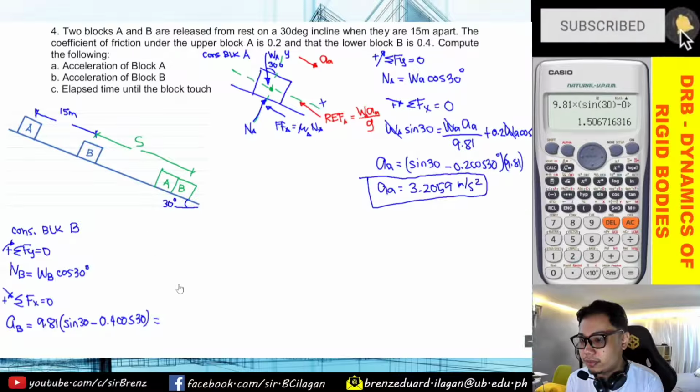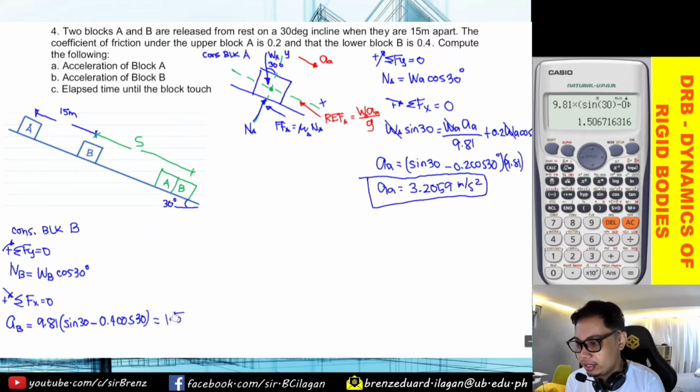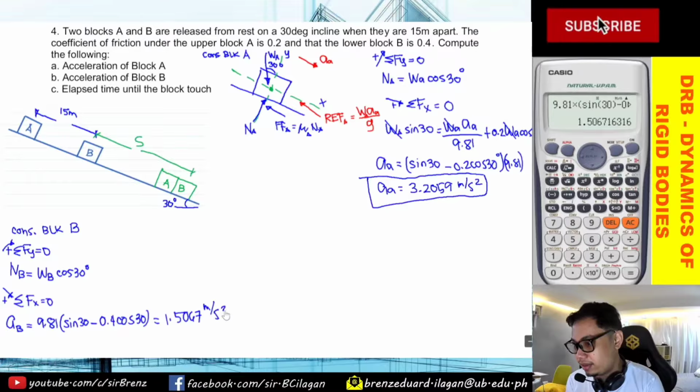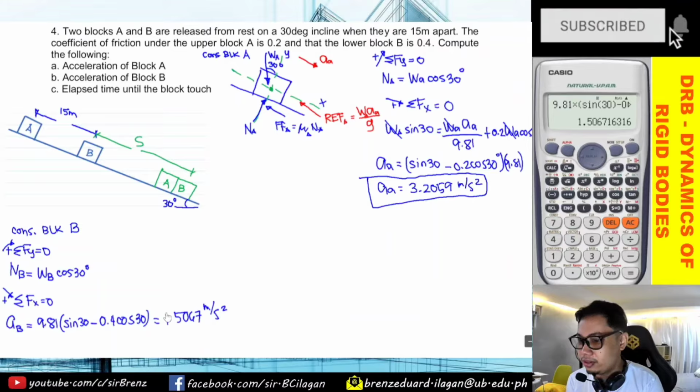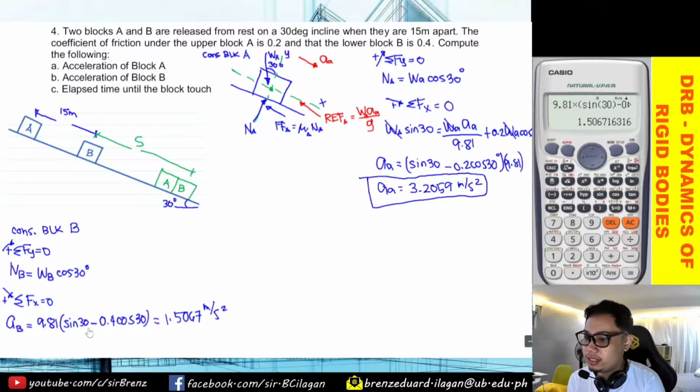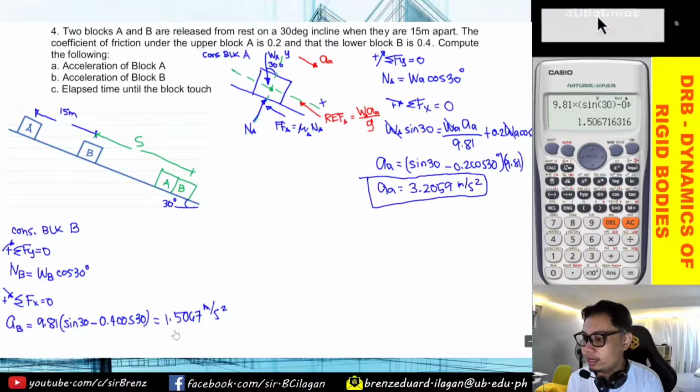So the acceleration is 1.5067. So from our analysis, we get the right answer. The acceleration of B is slower compared to block A, since block B is rougher, with a higher coefficient of friction.